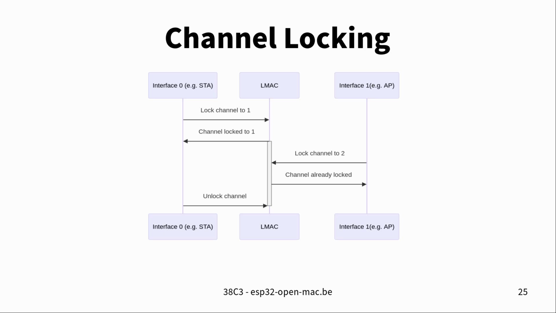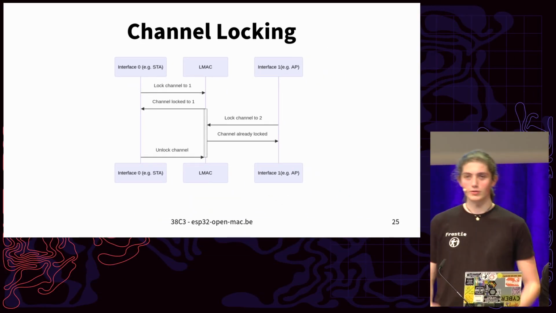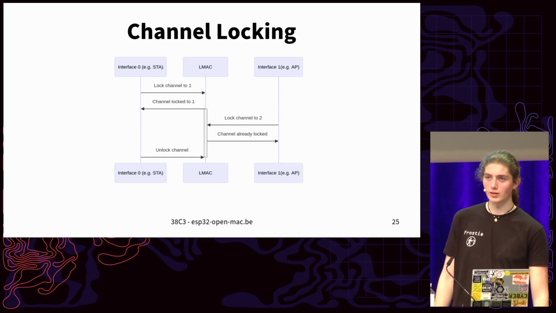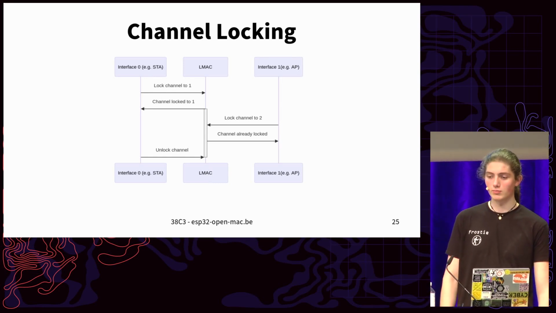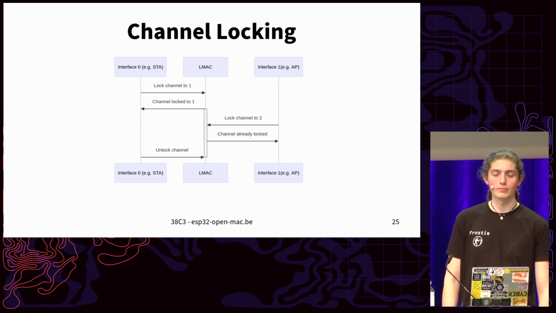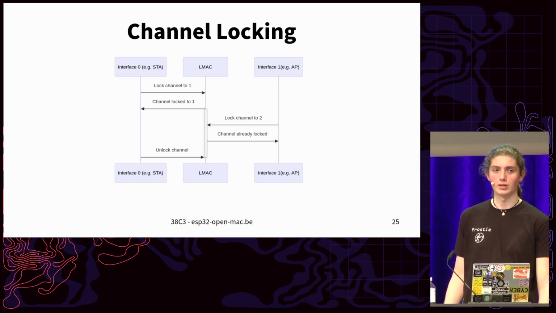The channel is now locked to 1 by you, and the LMAC will mark it that way in its internal state. And if interface 1 now comes around and says, hey LMAC, please lock the channel to number 2, the LMAC will say, no, it's already locked to channel number 1 by the other interface. Sorry, we can't do that right now. And then interface 0, if it disconnects at some point, it can then unlock the channel, and the other interface could use it again.